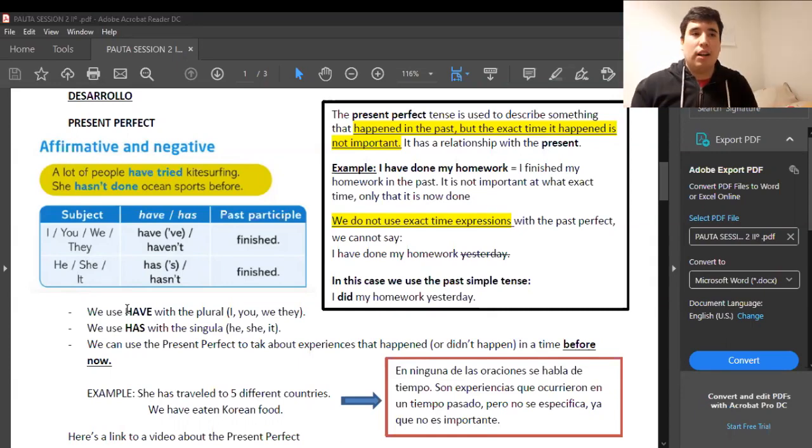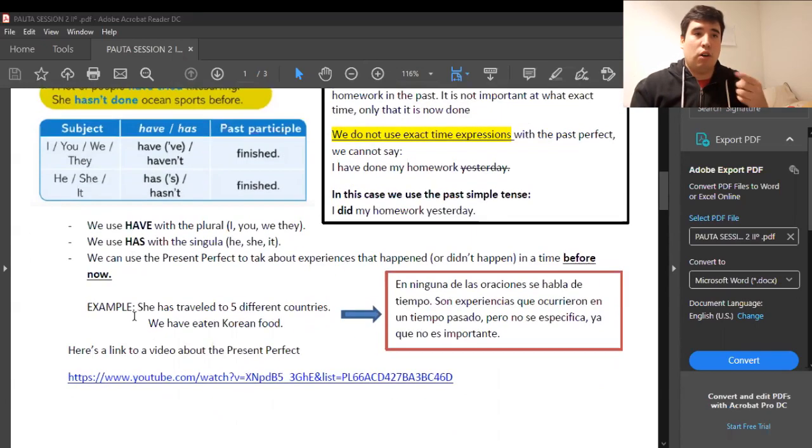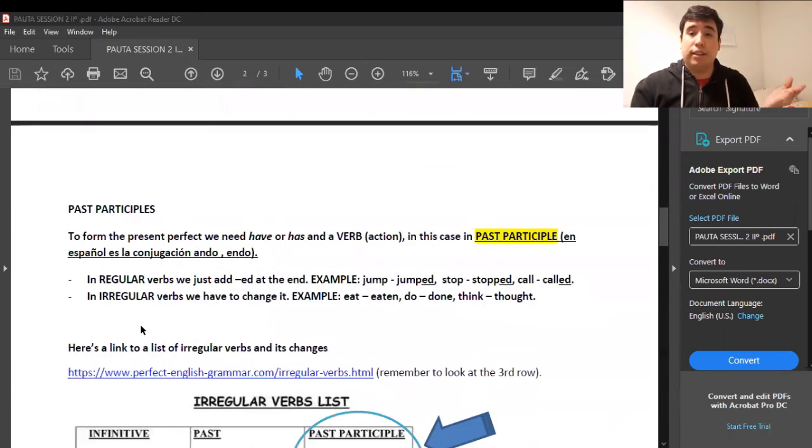Okay? Now, let's move on to the past participles, the verb form we use in the present perfect. As you know, in English, we have two kinds of verbs. The first kind of verb is regular verbs, and the second one is irregular verbs. For regular verbs, the past participle form is the base form of the verb and ed at the end.